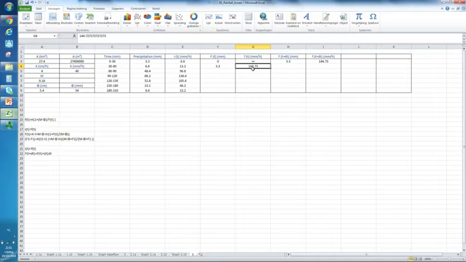Now if we compare the infiltration capacity at the start of the second interval with the rainfall intensity during this interval, we see again that we don't have ponding at the start of the interval because this is bigger than this one.